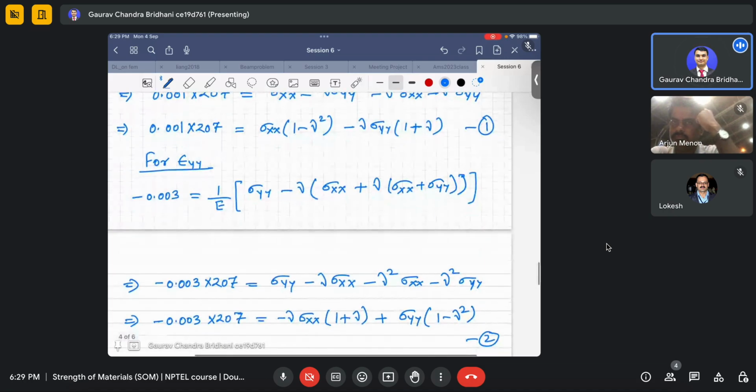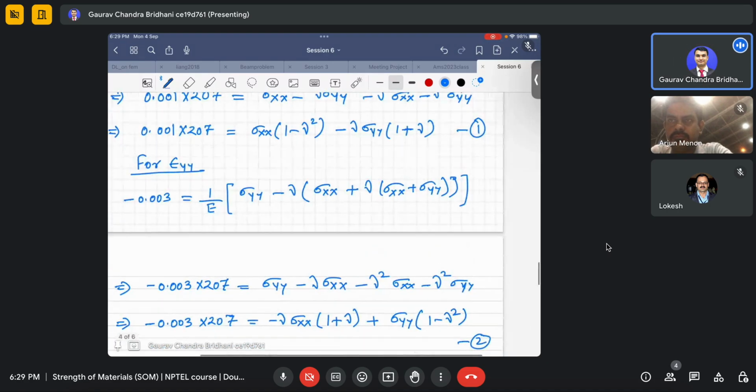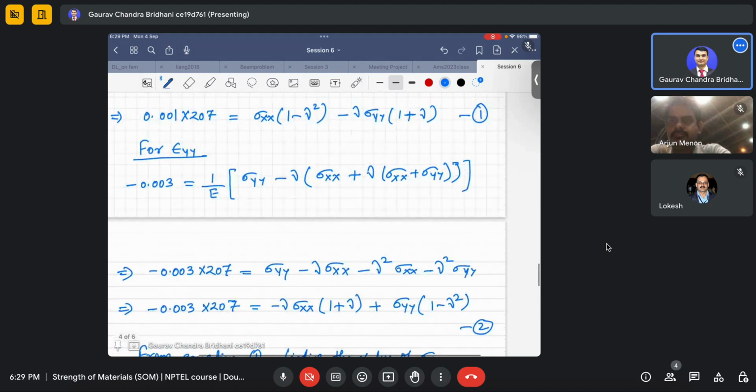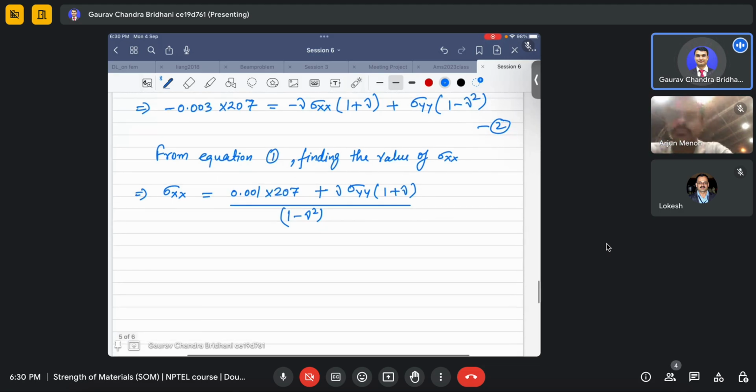Sigma xx will be 0.001 into 207 plus nu into sigma yy (1 plus nu), divided by 1 minus nu square. Now I have to substitute this in equation 2.